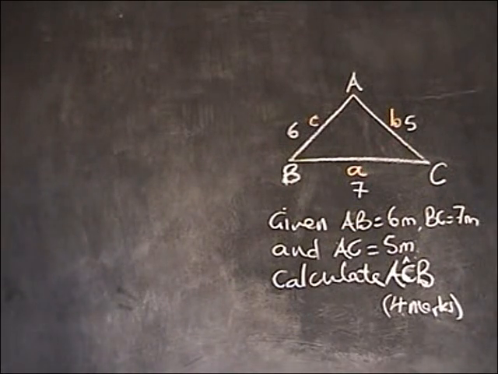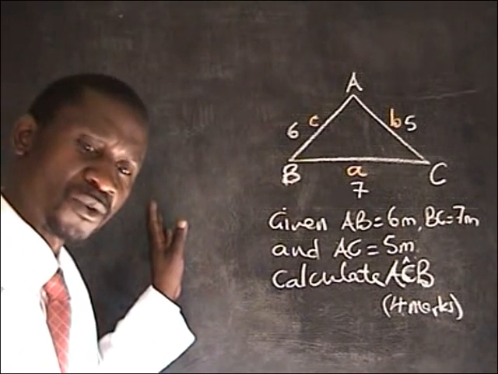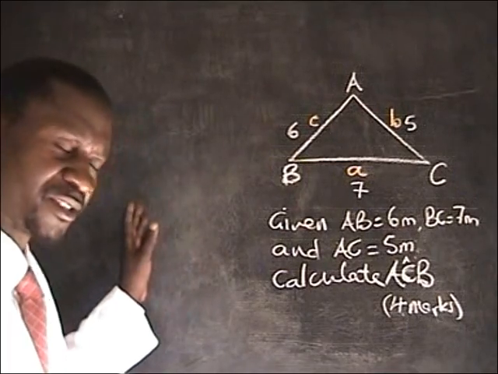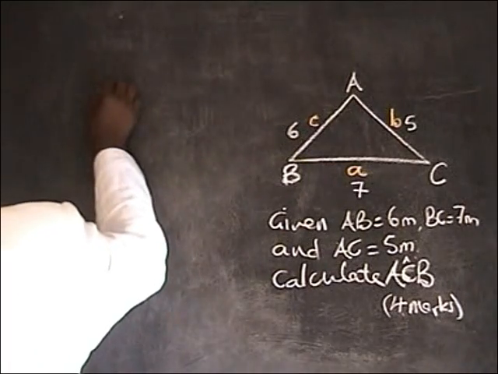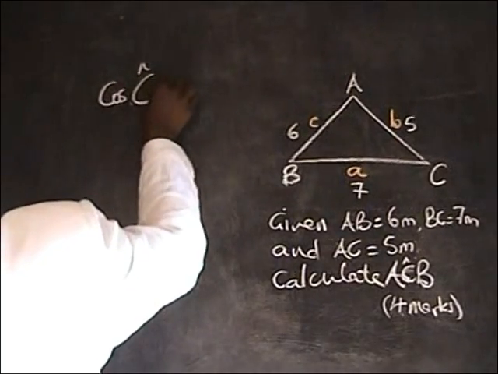So without wasting much of your time, how do we find this angle C? Like I have explained earlier, in the first place you write the formula: cos big C equals.